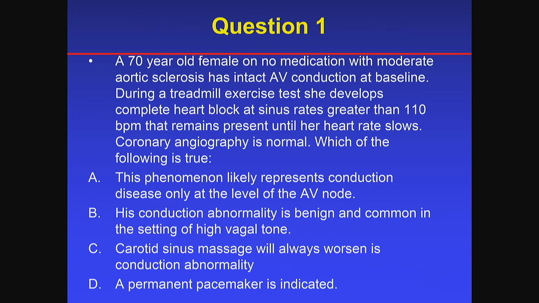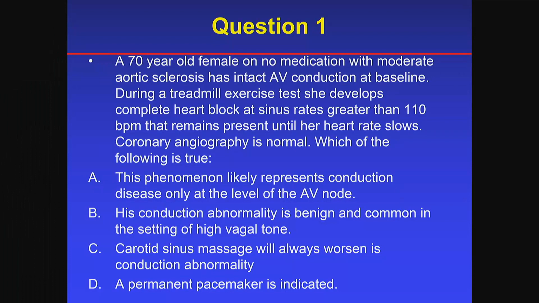We will now have a set of questions related to our discussion. Question 1. A 70-year-old female on no medication with moderate aortic sclerosis has intact AV conduction at baseline. During a treadmill test, she develops complete heart block at sinus rates greater than 110 beats per minute.